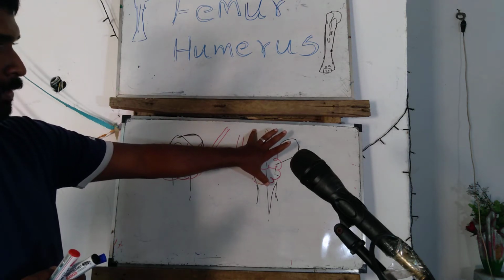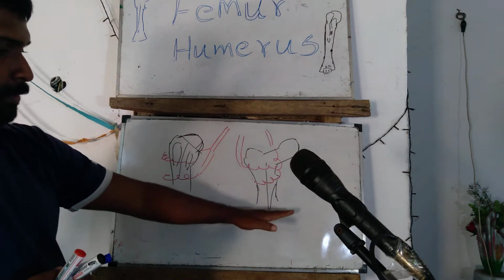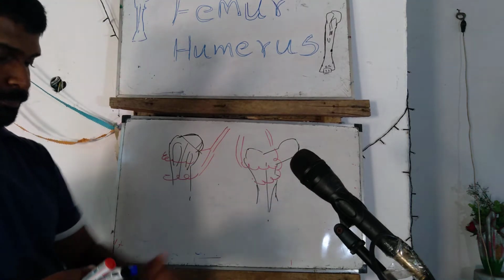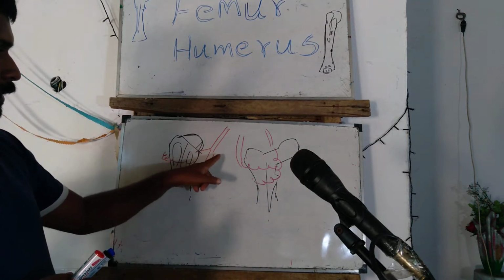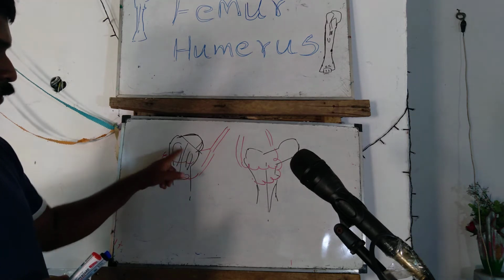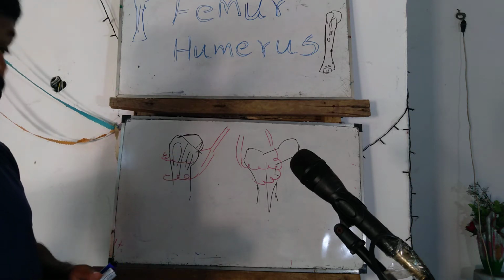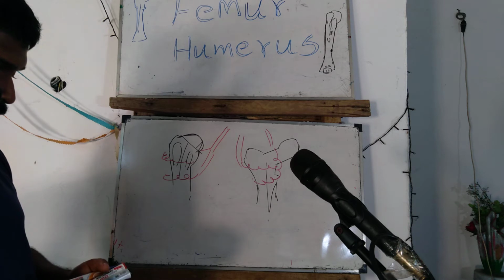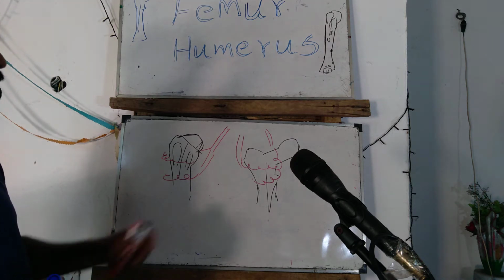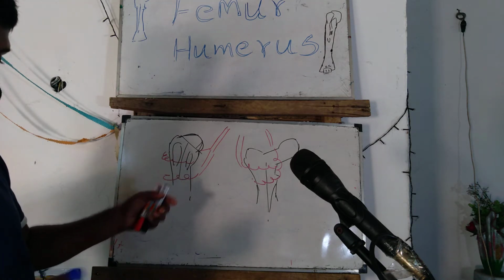The femoral artery gives the blood supply of the femur. The brachial artery is considered in two areas. The circumflex arteries give the blood circulation to the humerus bone.